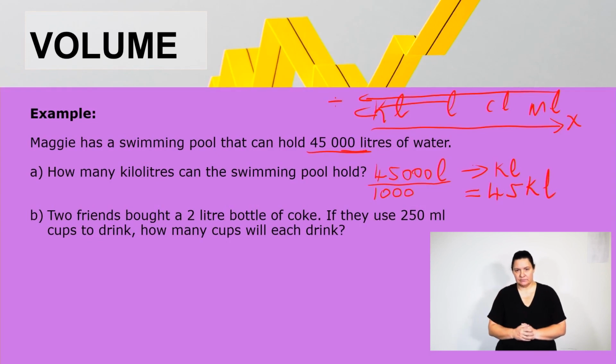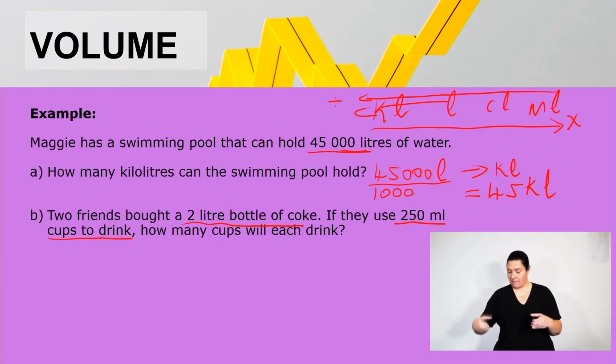Two friends bought a 2-liter bottle of Coke. If they use 250 milliliter cups to drink, how many cups will each drink? Remember the rule, units that are the same on the same side. Again, here you have a choice of converting from milliliters to liters or from liters to milliliters.